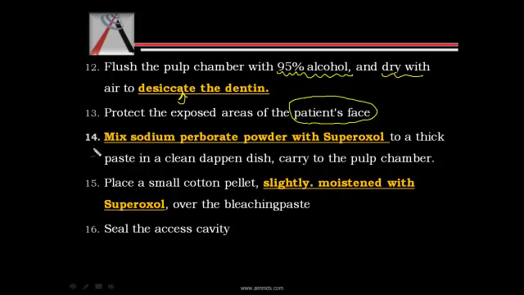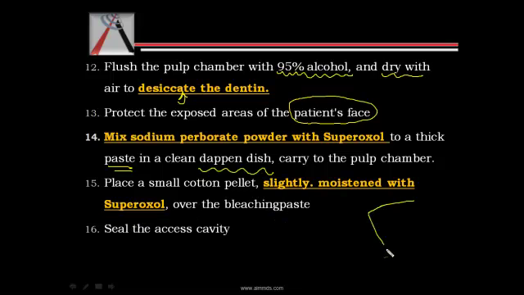Then we prepare a walking bleach mixture wherein we mix the sodium perborate powder with superoxol, and we prepare a thick paste in a clean dampened dish, and then we carry this paste to the pulp chamber. After we have placed the paste of sodium perborate powder with superoxol, that is our walking bleach, into the pulp chamber, we place a small cotton pellet that is slightly moistened with the superoxol over this bleaching paste.